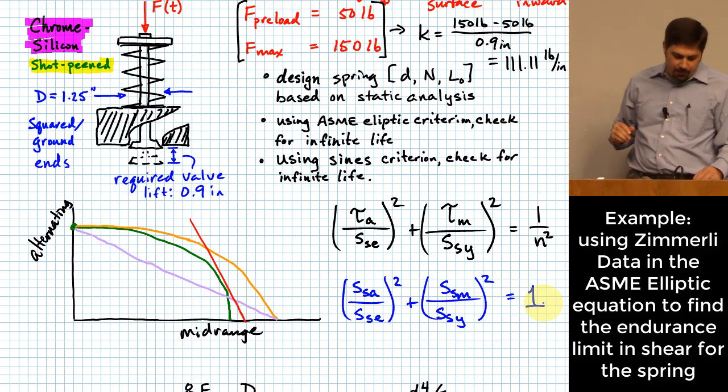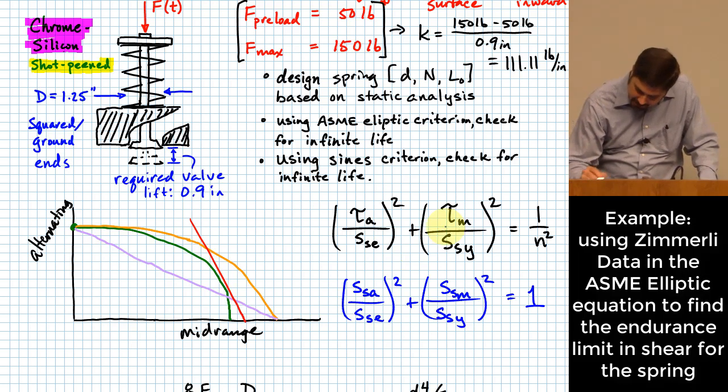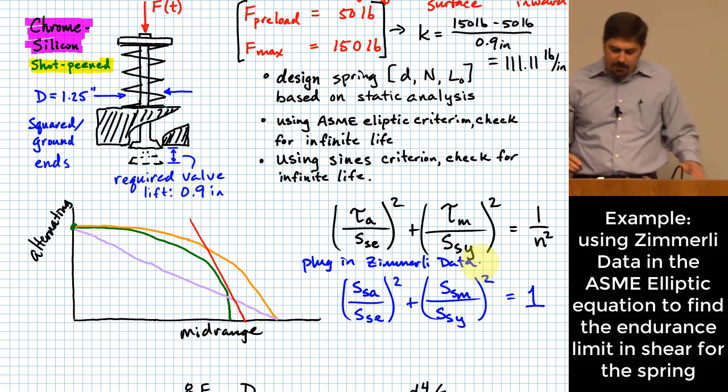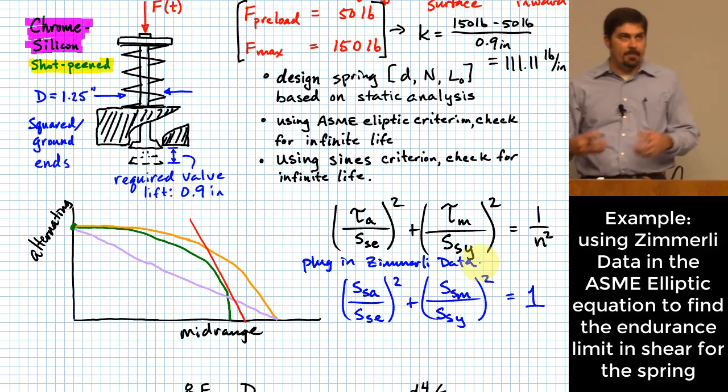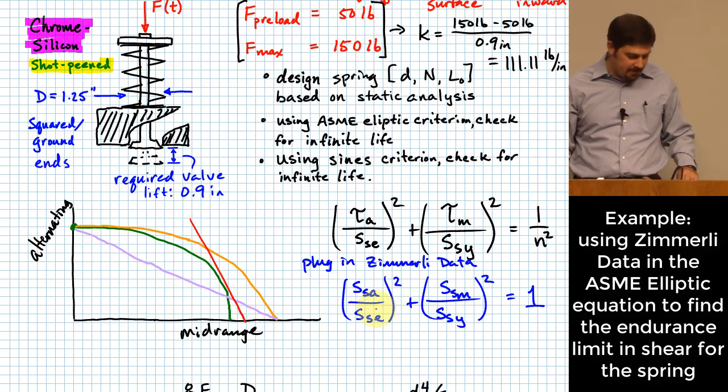So why is this helpful? Because we basically just plugged in the Zimmerli data. What out of these equations, for a standard problem like the one that we're working right now, don't we know yet?